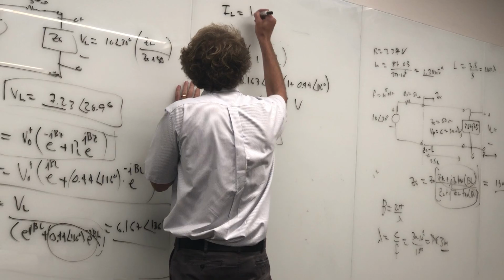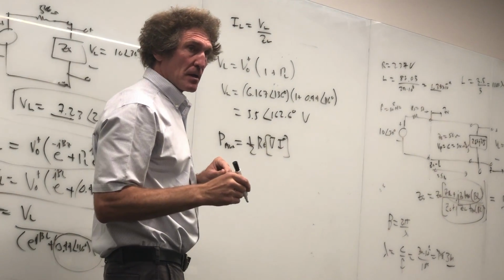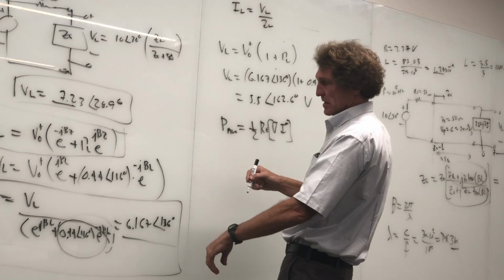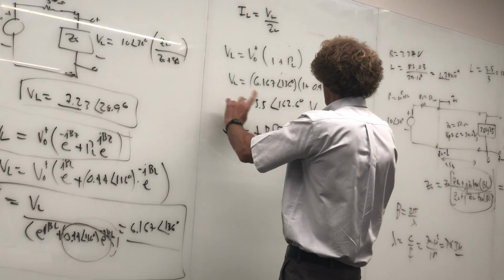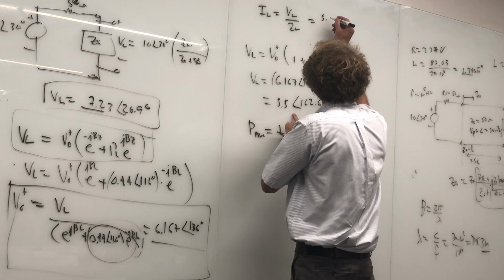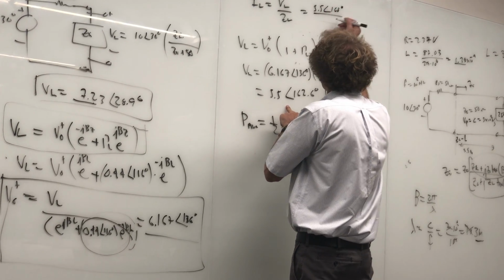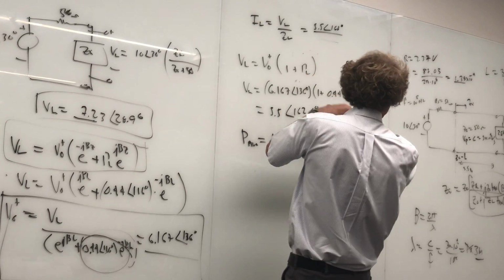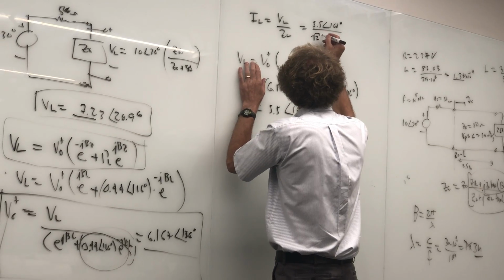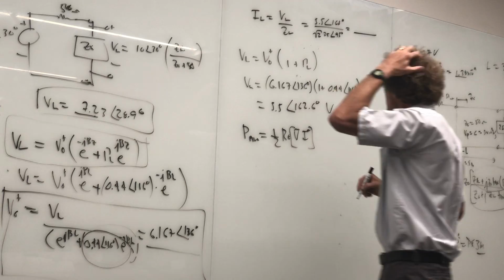Well, I at the load is simply V at the load divided by Z at the load. Do you agree with that? All right, V at the load is this right here. So I can say if I take 5.5 at an angle of 162 degrees, and I divide it by ZL, which was 25 plus j25, and that's really going to be square root of 2 times 25 at an angle of 45 degrees, I can go ahead and get that.